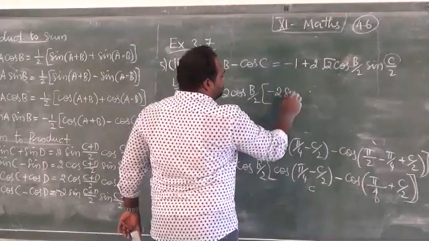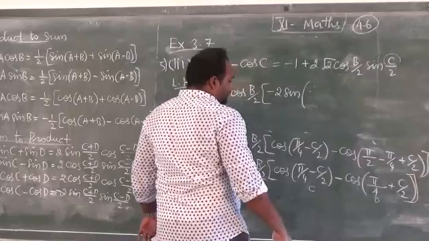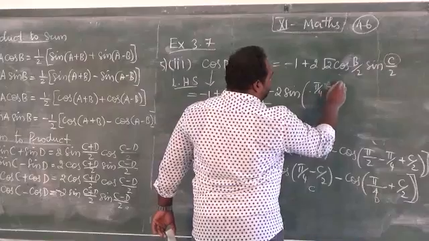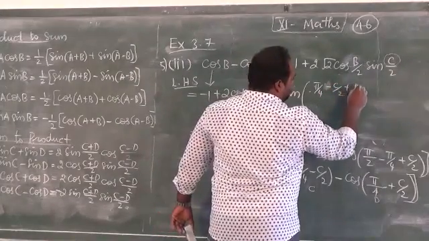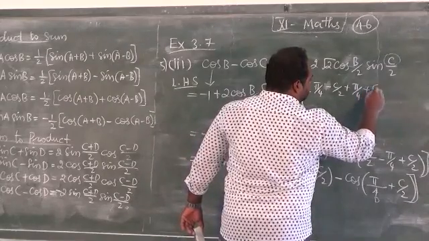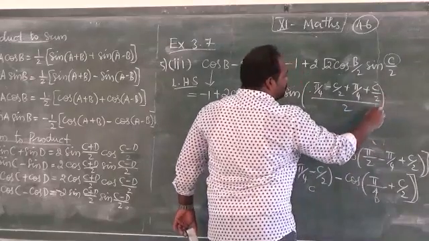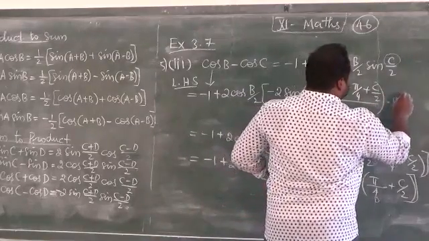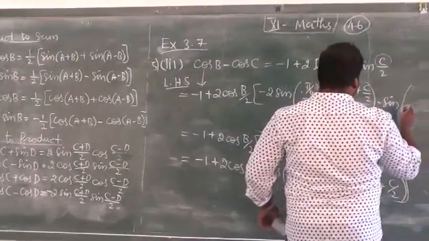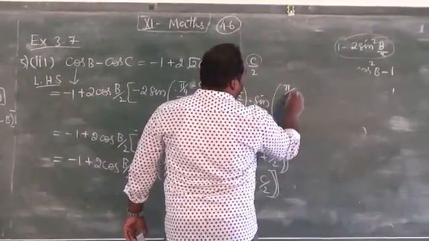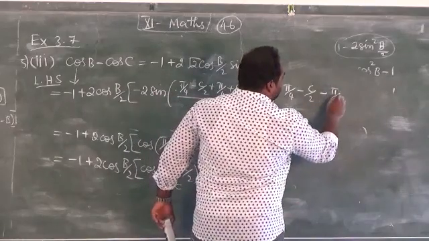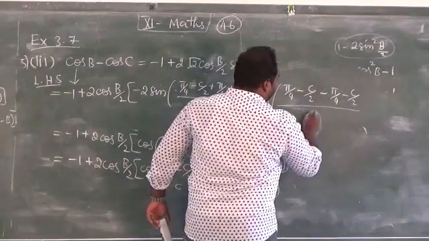So minus 2 sin of (pi by 4 minus C by 2 plus pi by 4 plus C by 2) whole divided by 2, into sine of (C minus D), where C is pi by 4 minus C by 2, minus this one, pi by 4 plus C by 2, whole divided by 2.